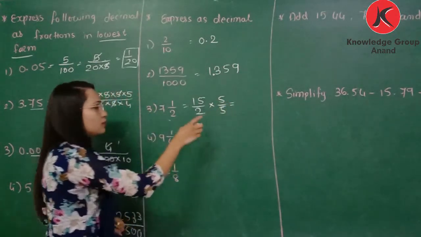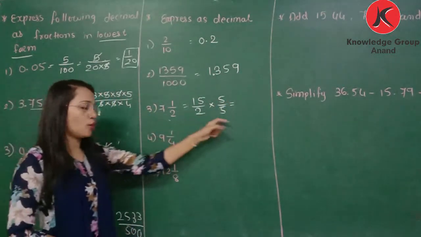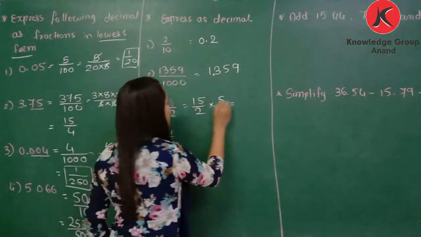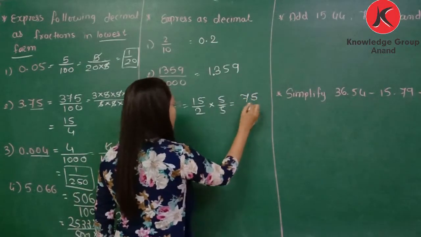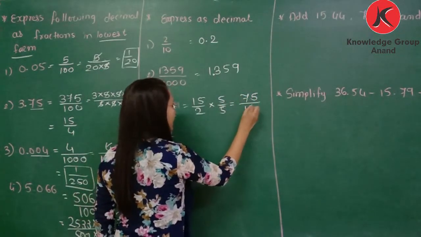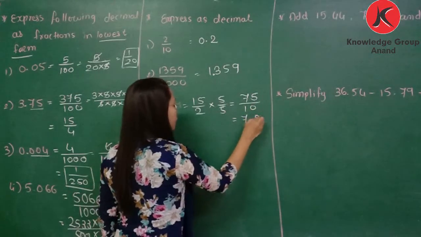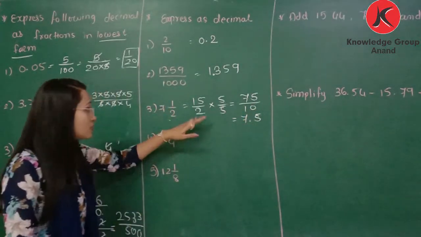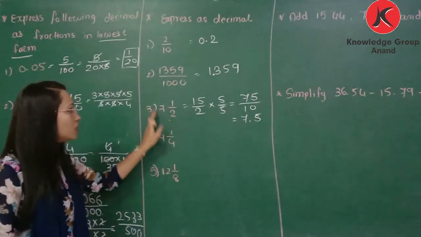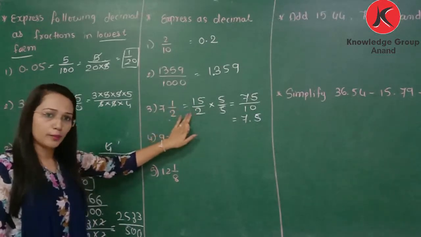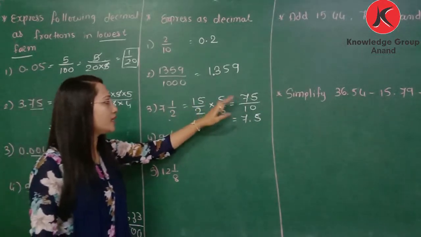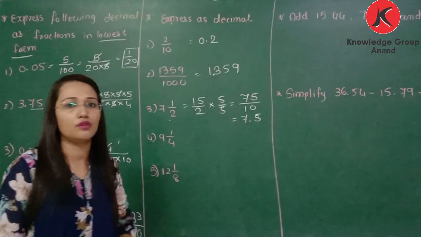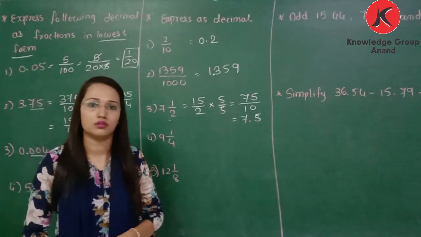If you multiply with 5 and 5, we get the denominator 10. So here 15 times 5 is 75, divided by 10. So it is 7.5. This is the one method in which we convert the mixed fraction into an improper fraction and then multiply by some number, so the denominator we get is 10, 100 or 1000.